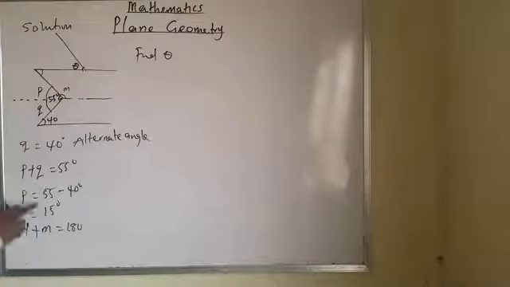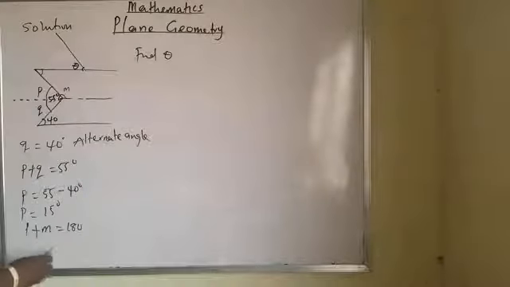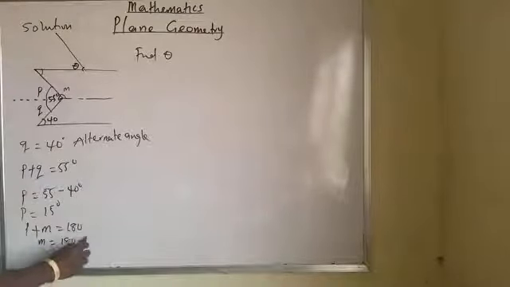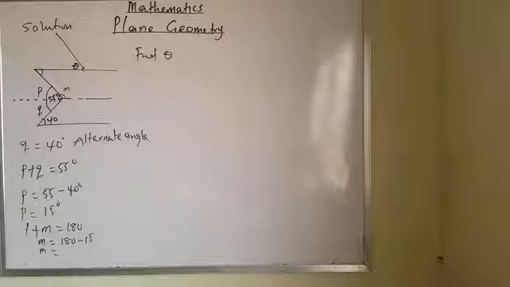What is my P? My P is given as 15. It means M will be equal to 180 minus 15, which will be 165 degrees.